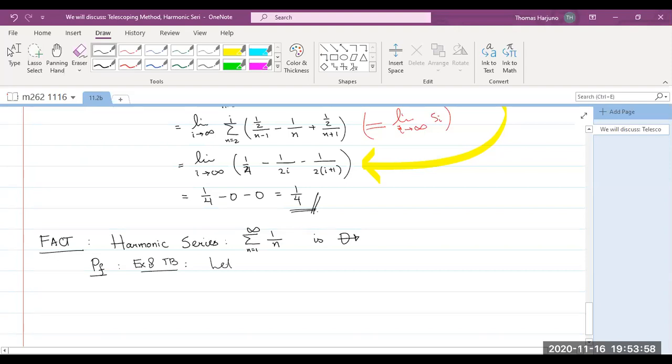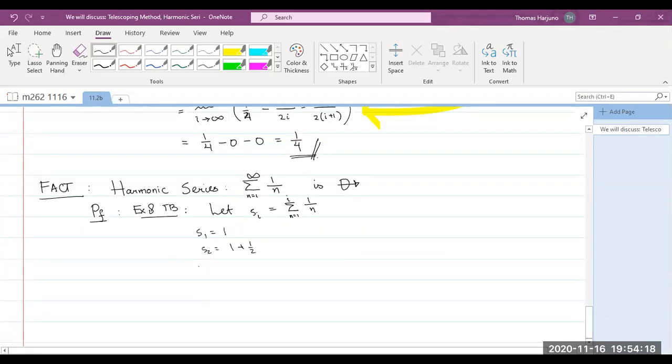Let S_i be the ith partial sum of that 1 over n. So S1 is 1, S2 is 1 plus 1/2, S3 is 1 plus 1/2 plus 1/3, S4 is 1 plus 1/2 plus 1/3 plus 1/4, so on and so forth.